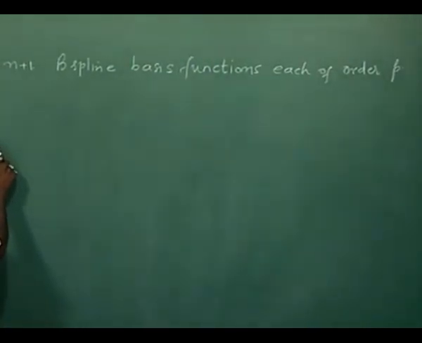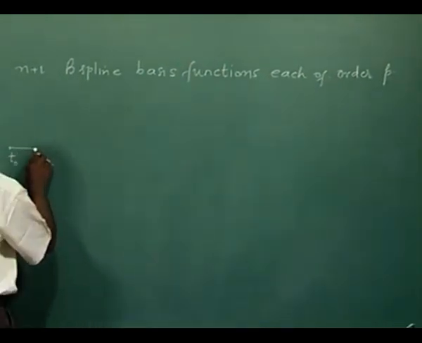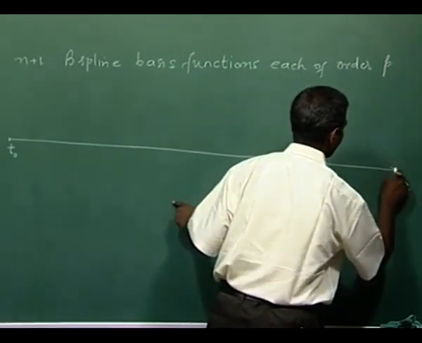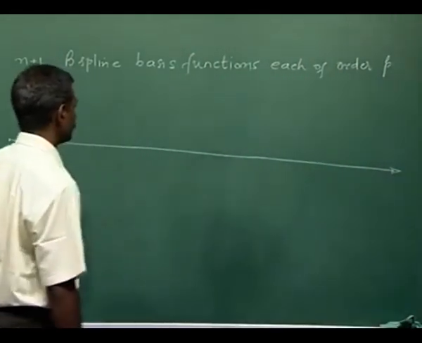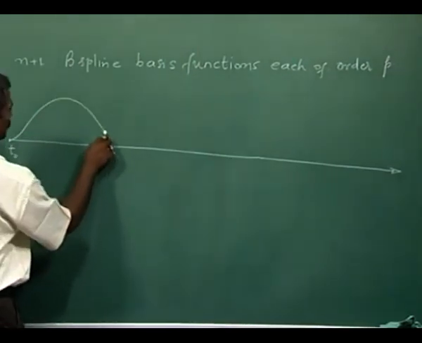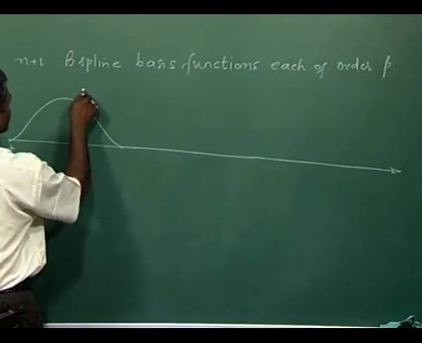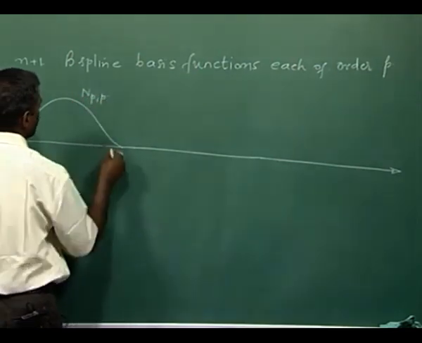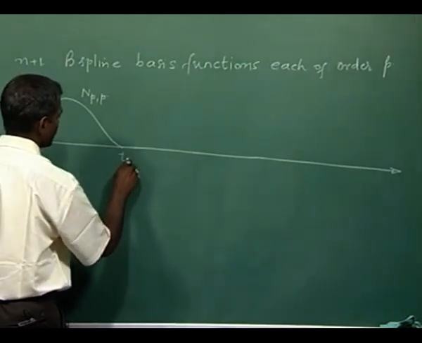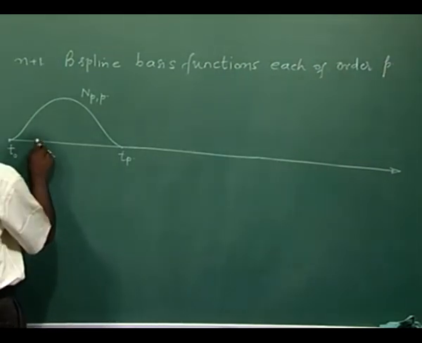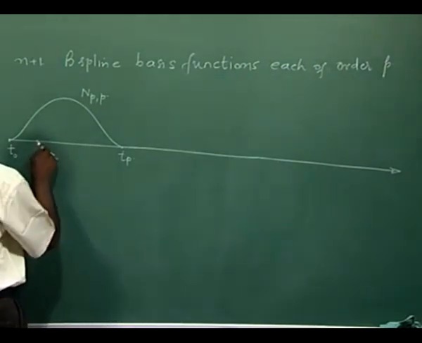We start with the knot t_0. The first one we sketch will be nomenclated as N_p,p. So this knot here will be t_p. The second one will start from t_1.